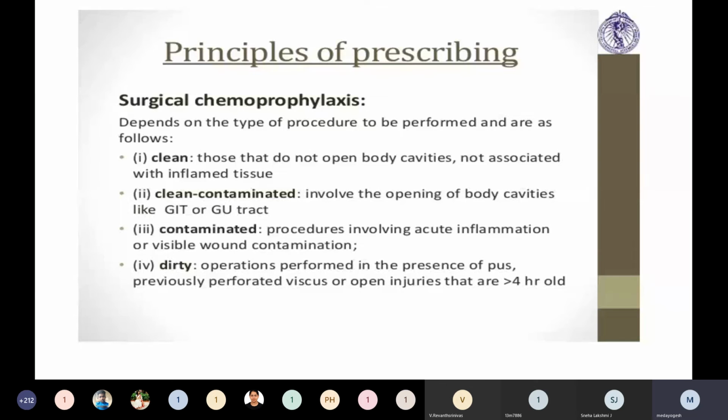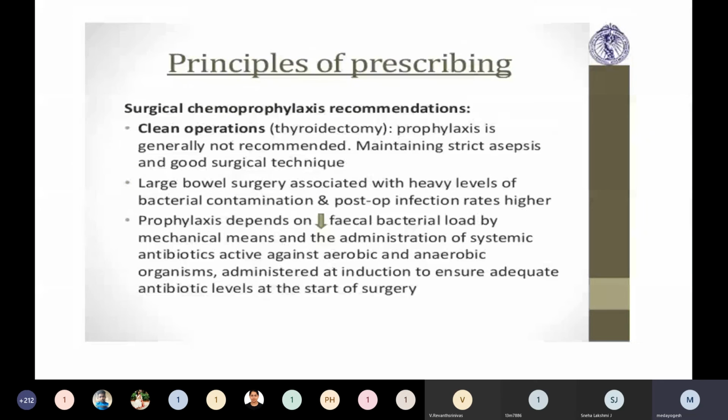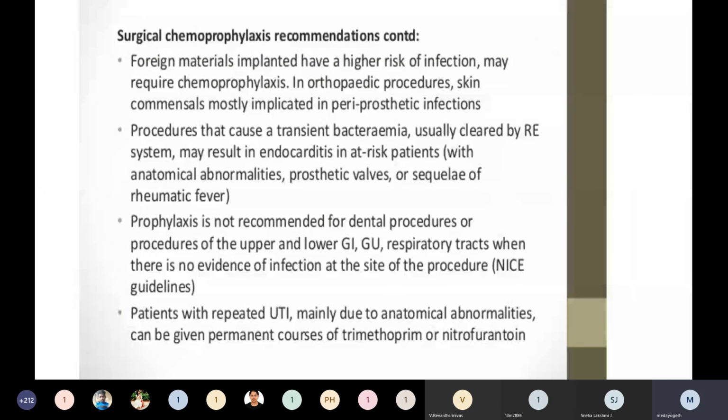So depending on the wound, your prophylaxis differs. Apart from that, whenever we are using prostheses or foreign materials, they have a high risk of infection, as we have seen, especially in orthopedic procedures.